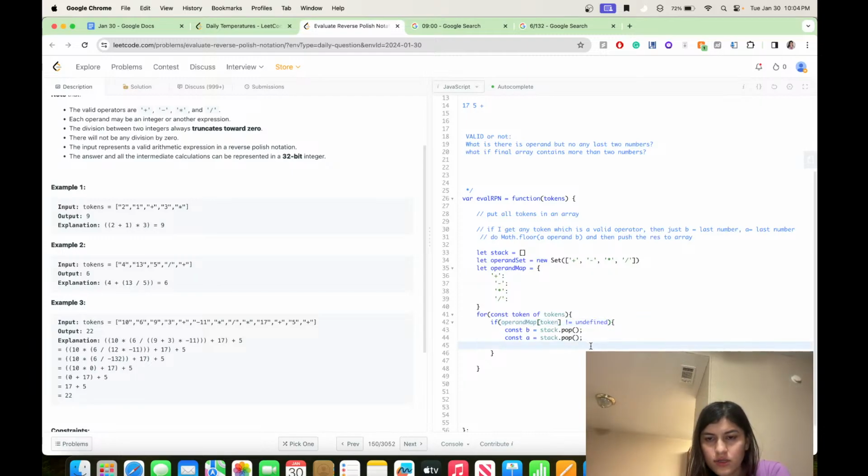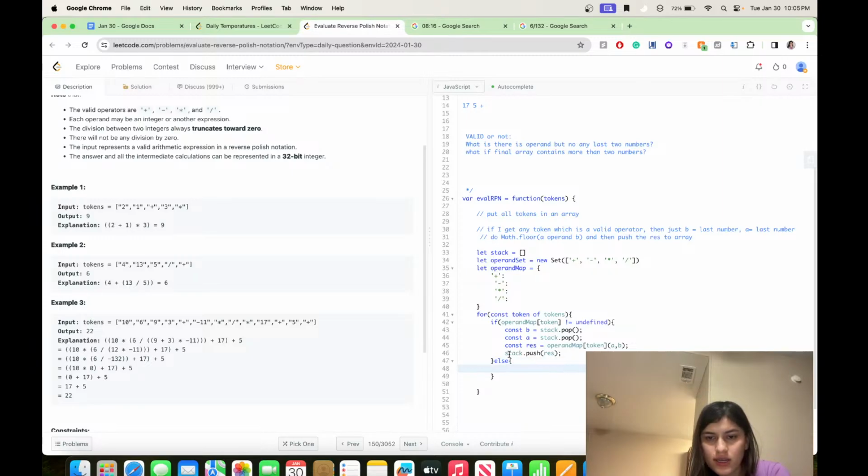If it is not equal to undefined, then, so if it is a function, then this will return a function, right? So I can just pass a and b there, and this will be my result, and then whatever is the result, I can just push the result here.